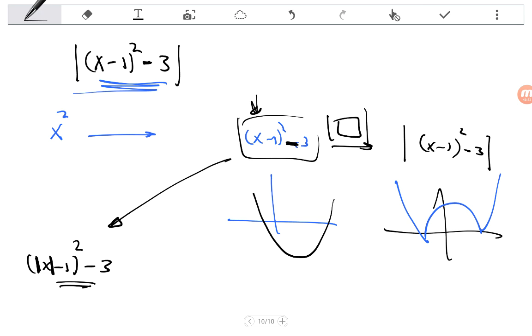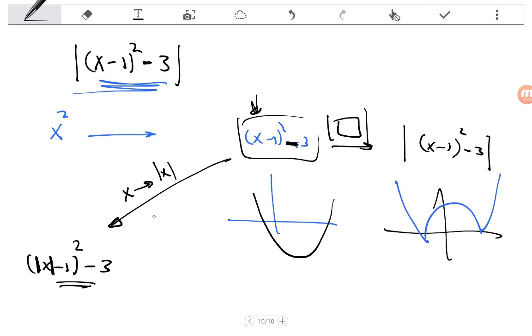What happened in the expression? Is this a horizontal or vertical operation? Did the change happen to the x or to the whole function? To the x. I just substitute every x with absolute x.